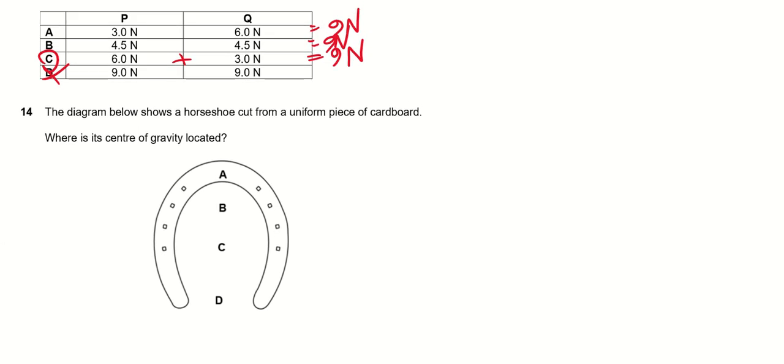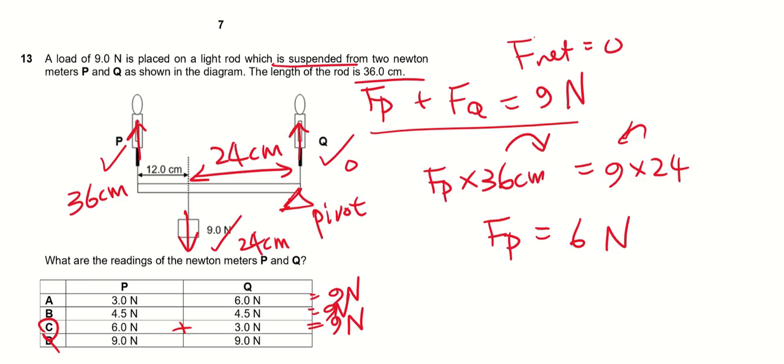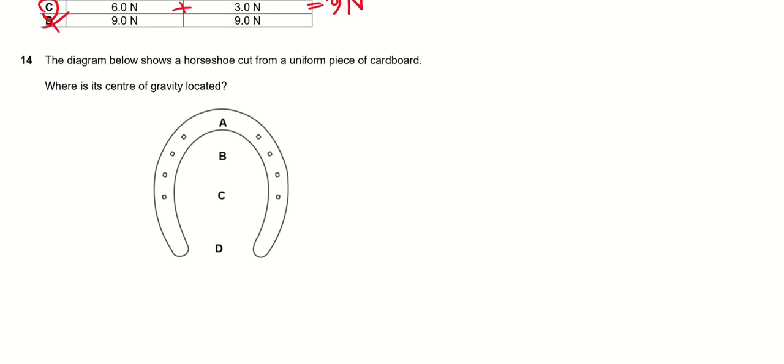Where's the center of gravity? Now, if I were to divide it in half, we'll find that this top part has more material, right? So it cannot be at C. It should be somewhere at B. Okay, why not at C?